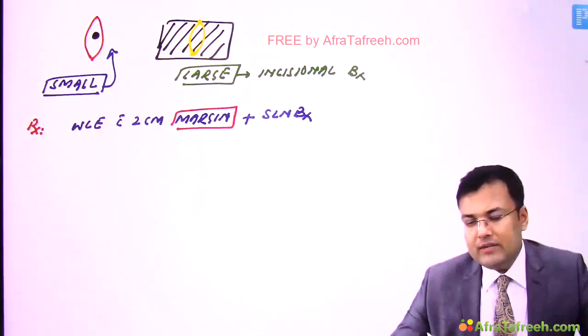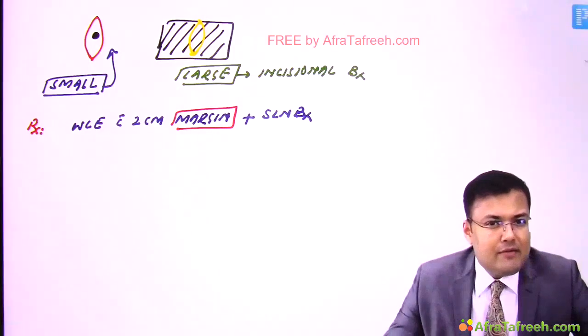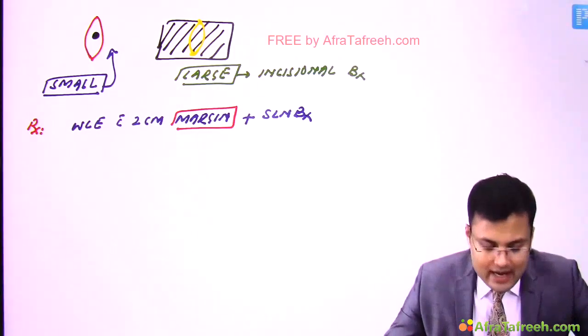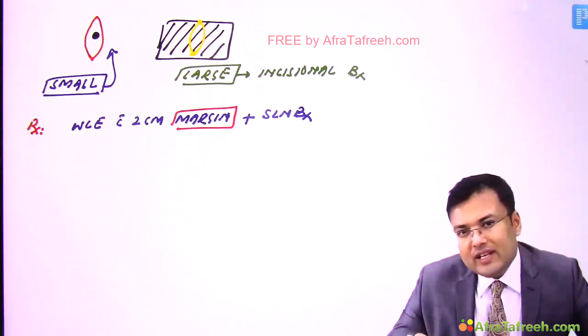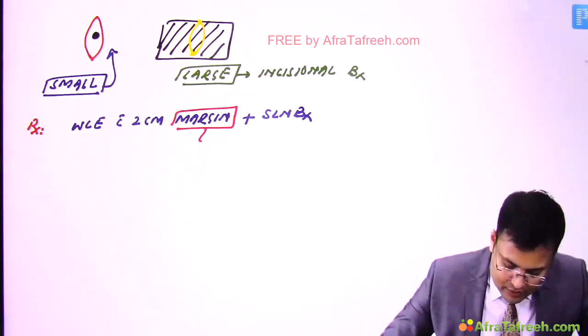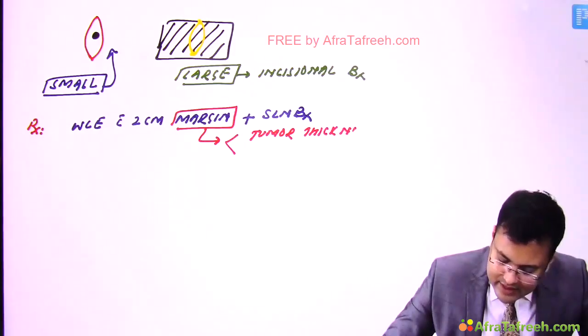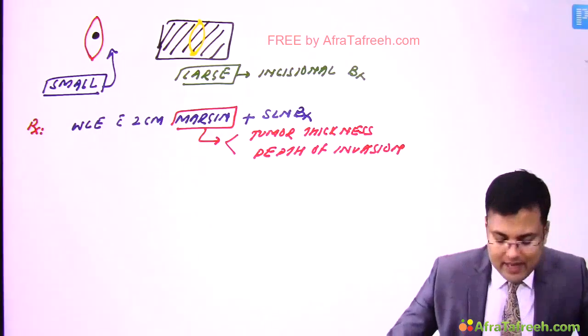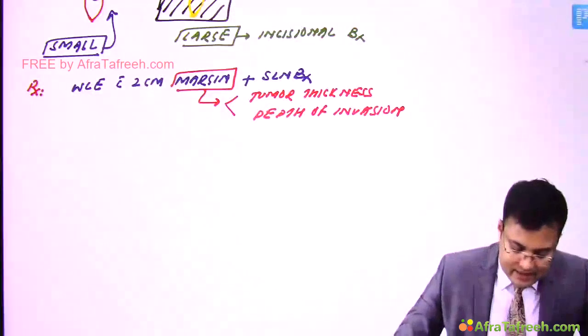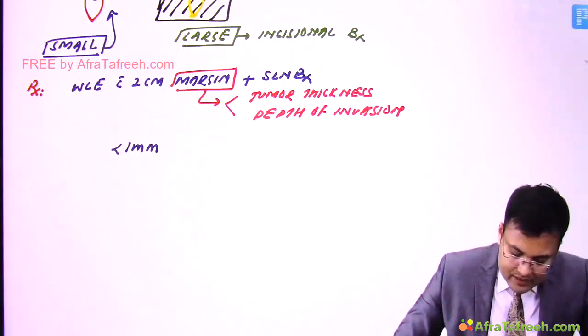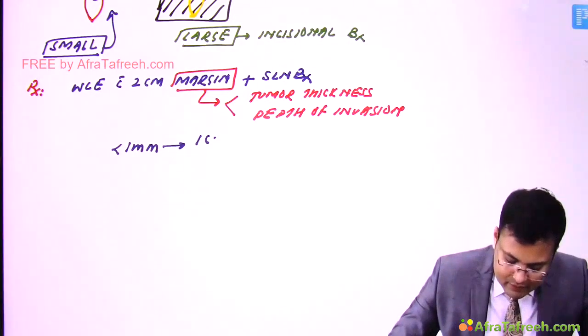Now see, this margin is variable. Usually it is 2 cm, but it can be from 1 to 3 cm, and the margin depends on tumor thickness and depth of invasion. Imagine if the tumor thickness is less than 1 mm, how much margin is taken? 1 cm.